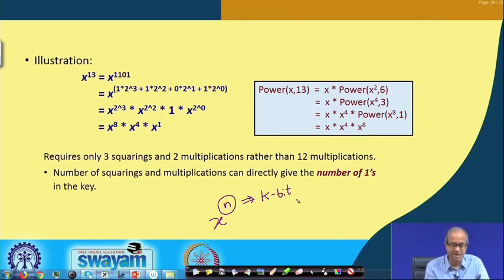But the number of multiplications will be equal to how many ones are there in these k bits. So, the total time will depend on how many multiplications are there. You see, the number of squarings is fixed, the number of multiplications is variable. So, if I measure the time, I can get a very fair idea about how many multiplications are carried out. So, I can know how many ones are there in this power n. So, I can get a lot of information about the key.